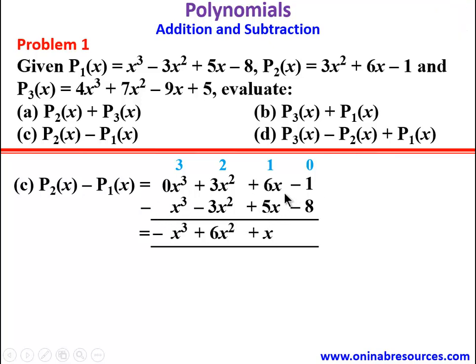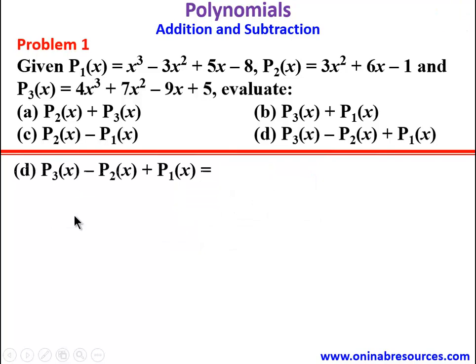And here negative 1 minus negative 8, which is going to be negative 1 plus 8, and that will give us positive 7. And we are done solving P2 of x minus P1 of x. Then we go to the last part, which is D.